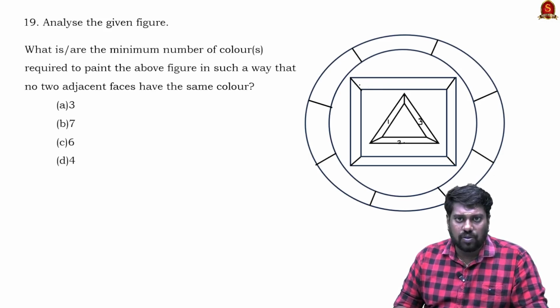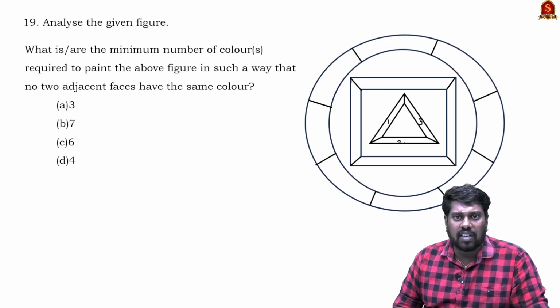Inside there is a face. In this diagram you must understand that the faces are not stuck together, that is, they are not interconnected. If you see the square face and the circle face, it is not interconnected, there is a gap. And between the triangle face and the square face also there is a gap. So in this triangle I can have 3 colors and inside it I can have a 4th color.